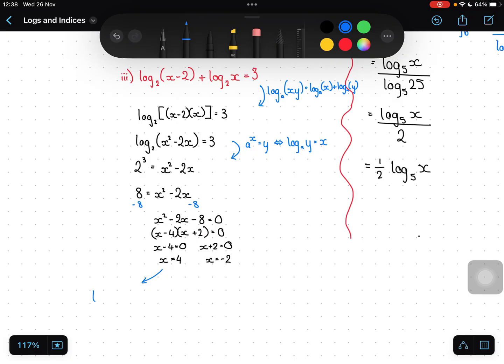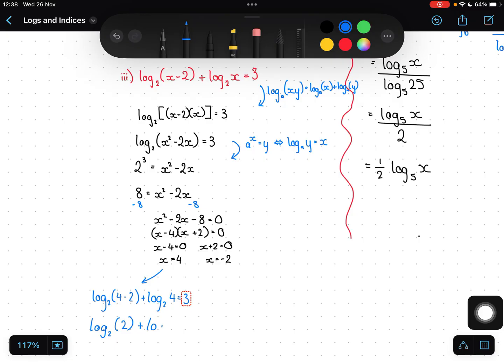Here I would have log base 2 of 4 minus 2 plus log base 2 of 4 is equal to 3, if I want to double check it. That's going to work out because I know that 2 can go to the power of something to give me 2. So log base 2 of 2 will work out, no error there.